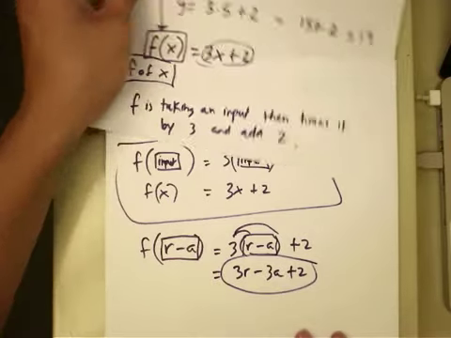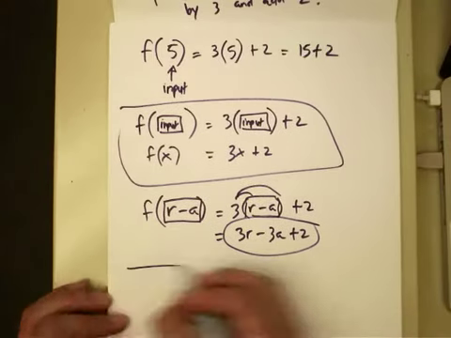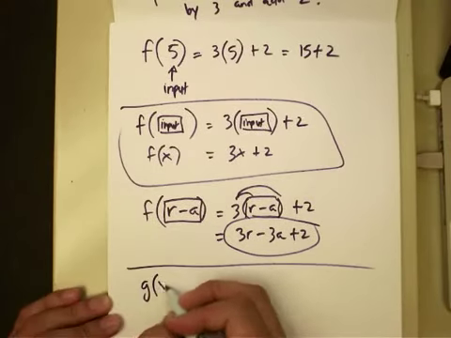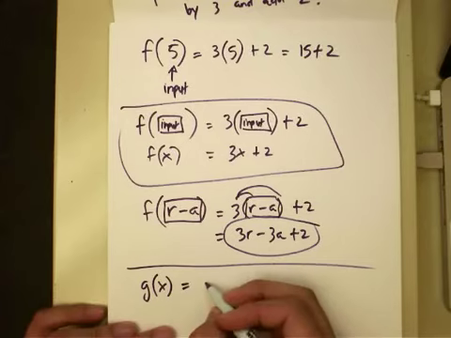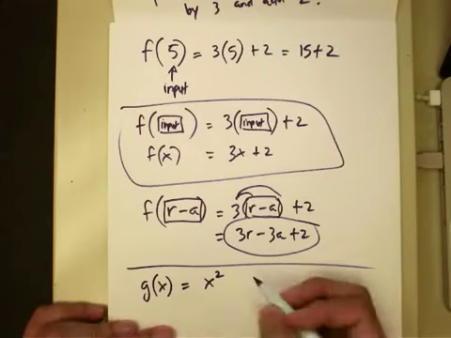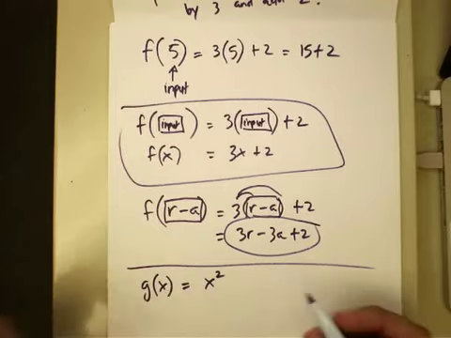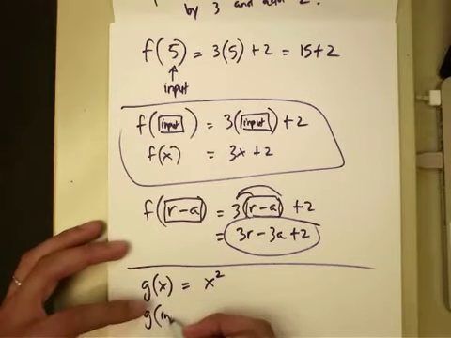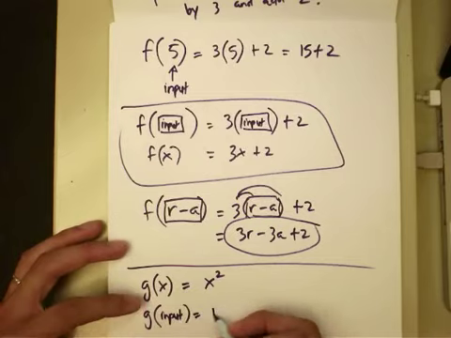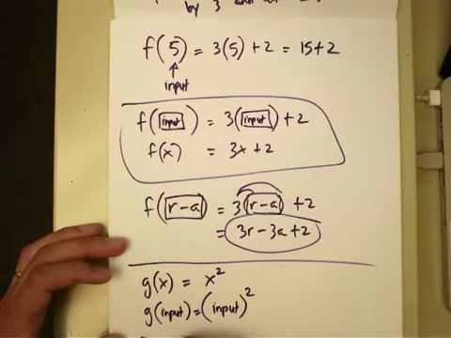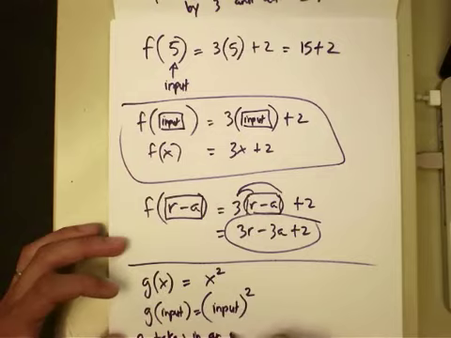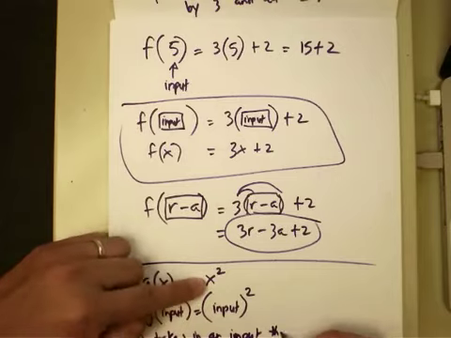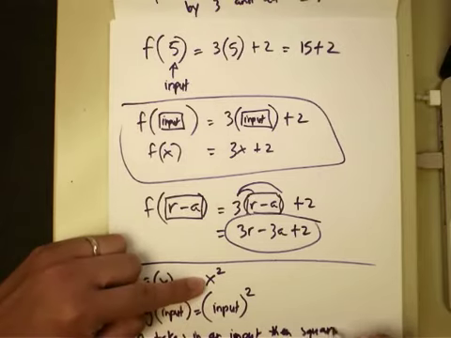Okay, let's try another one, just to make sure that you understand it. Pretend I have a G machine, and this G machine would take the input and square it. If you don't like using the letter x, write it like this: G takes in an input, then based on the definition, squares it.